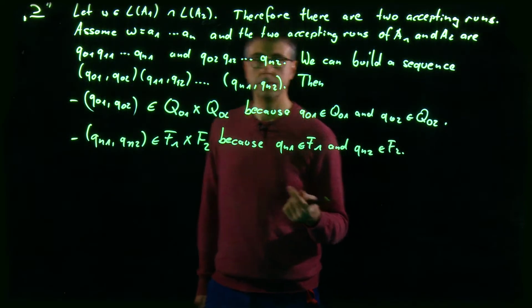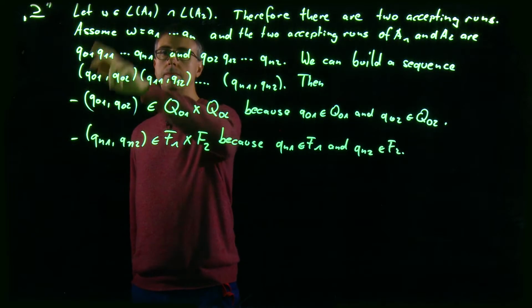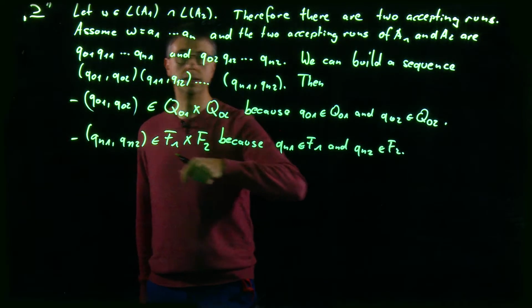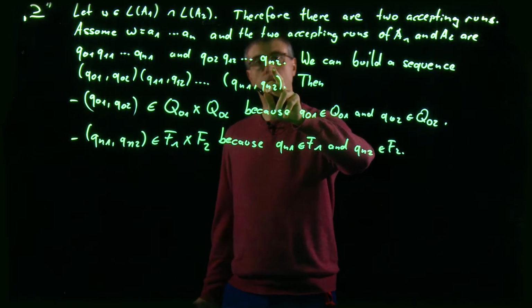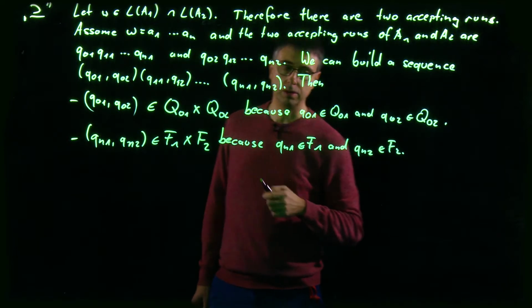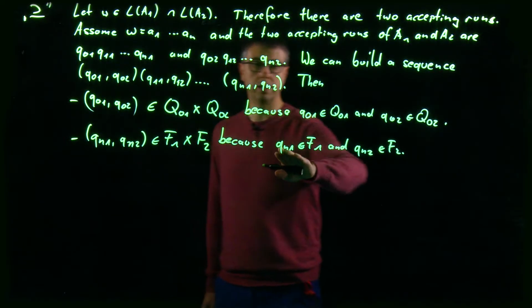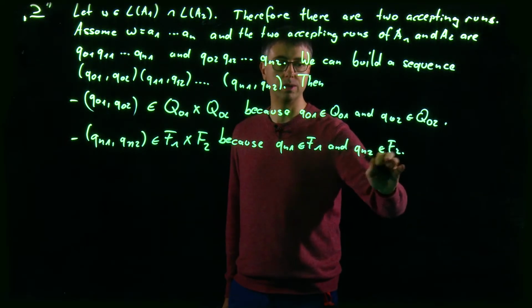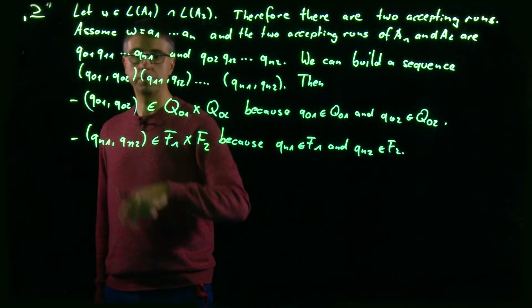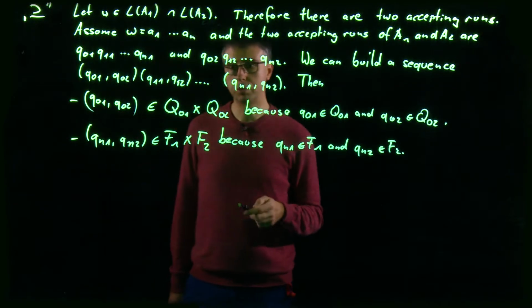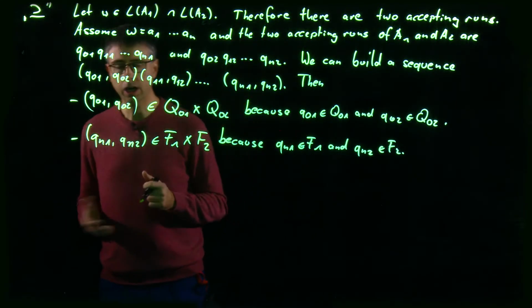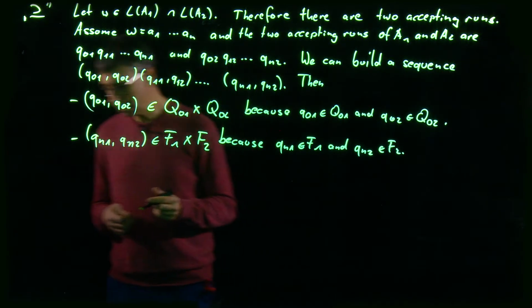Because both runs are accepting, the run here, this one is accepting, so this state needs to be an accepting state, and for the same word, this run here is accepting as well, so this one, q_n^2, needs to be accepting. So we know that q_n^1 is in F1 and q_n^2 is in F2, so we can conclude that the pair (q_n^1, q_n^2) is in the Cartesian product of F1 and F2. So that's for the initial and accepting states.